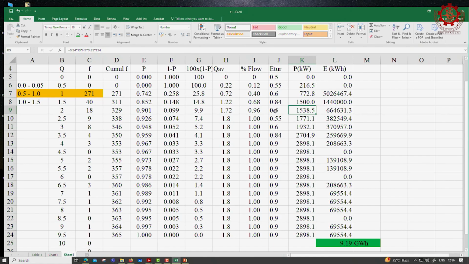So, your flow will now not be 1.72, it will be starting again from 0, corresponding to the next step. So, this will be starting again from 0 for the second machine, and then going ahead.